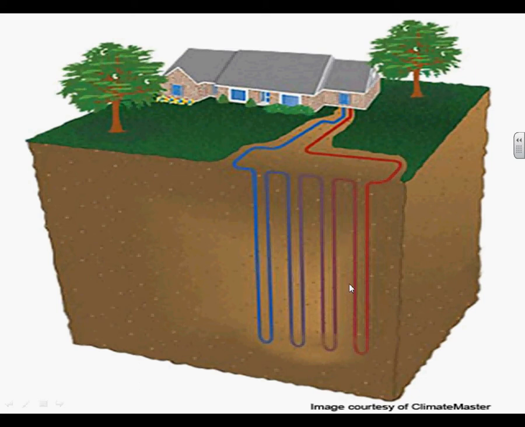Then it goes into the ground, and then it tries to acclimate to that 52 to 58. All of a sudden, we now have cold energy, and we don't have to put anything but the pump mechanism into it. And so this is where geothermal energy in homes really shines.